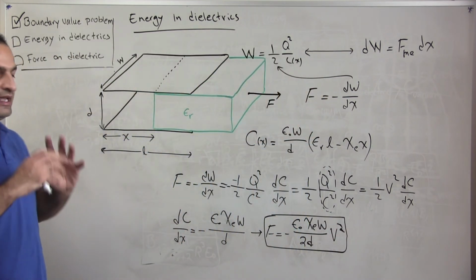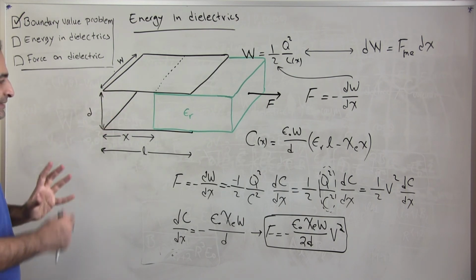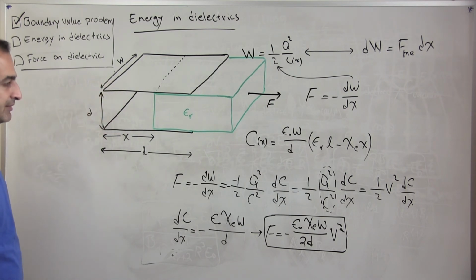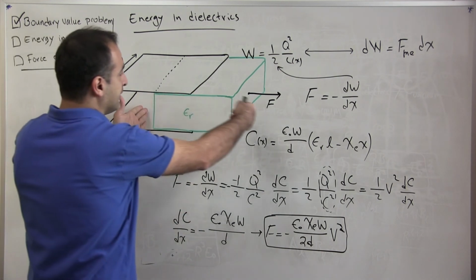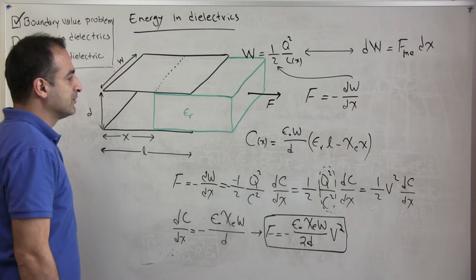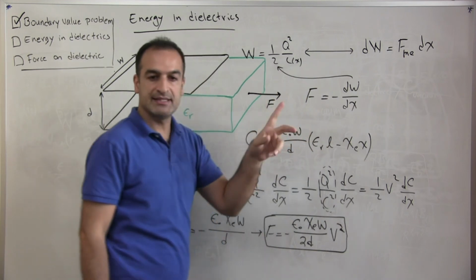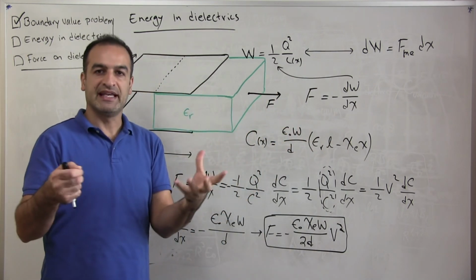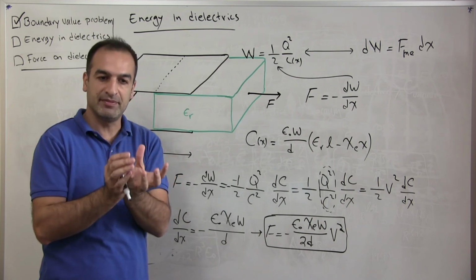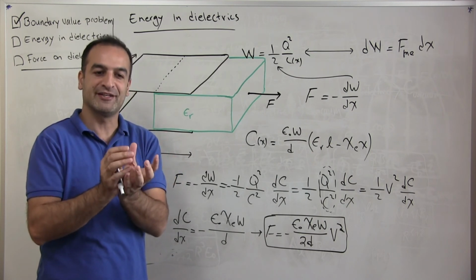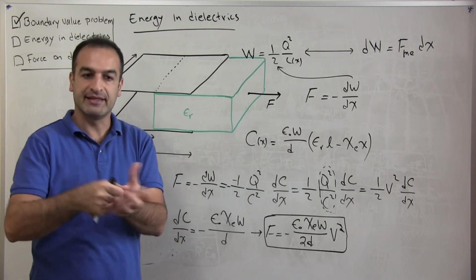Okay, so again, what we did here, we charged up the capacitor, we disconnected the battery so that the Q remains the same and constant, and we started pulling the slab out. What I calculated here is how much the energy of the capacitor changes as a function of x. And knowing that it's a closed system, if the energy of the capacitor is changing, that energy should directly come from the work I am doing taking the slab out.